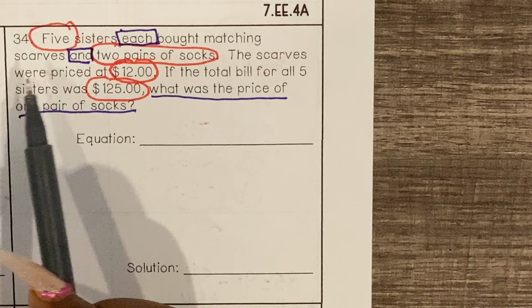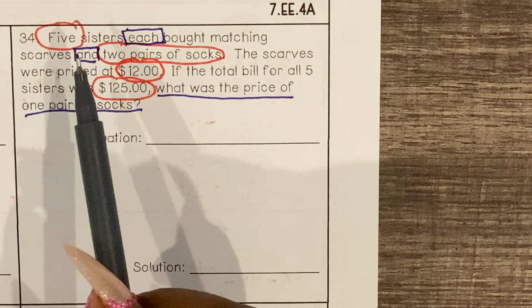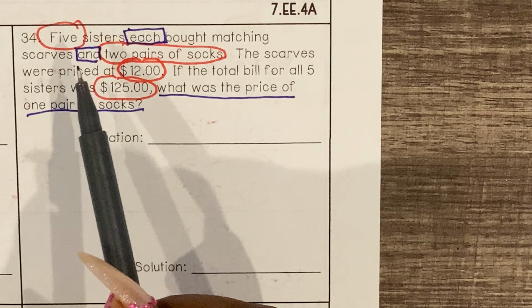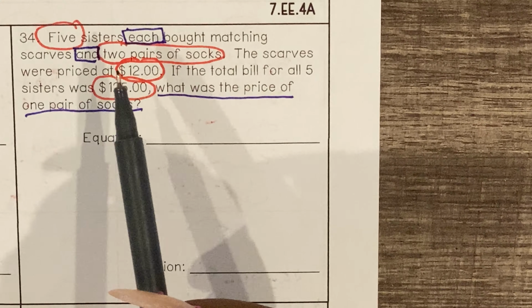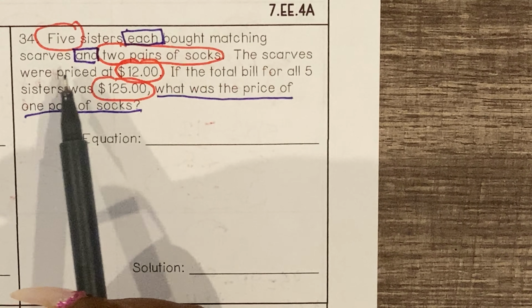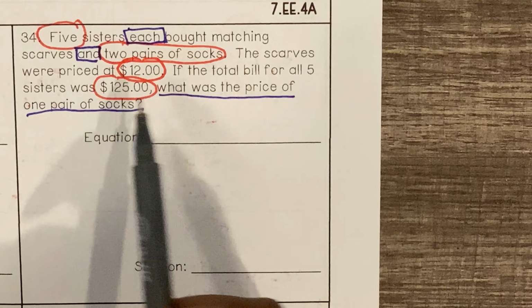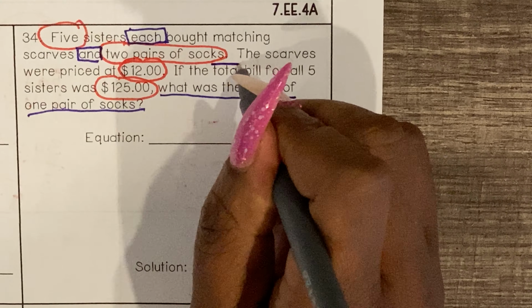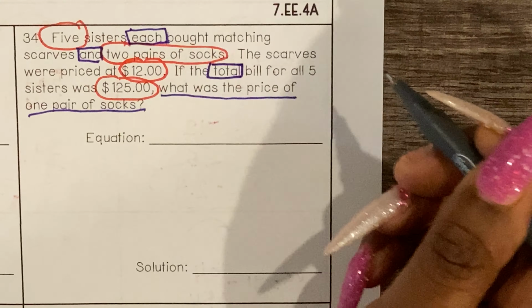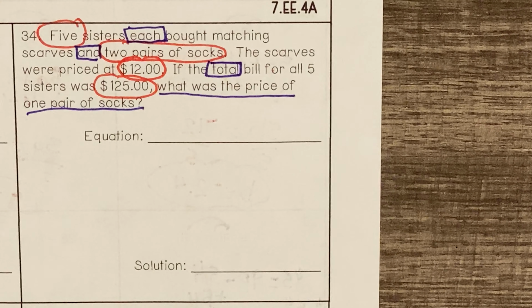We're combining things. And when we talk about each, that's like we did on the other side, where each kid had a milk that was $1.25. Each sister bought scarves and 2 pairs of socks. The word total. Okay, so that's good. Those are our operation words.